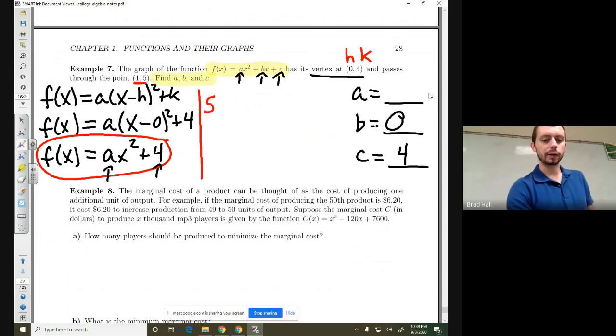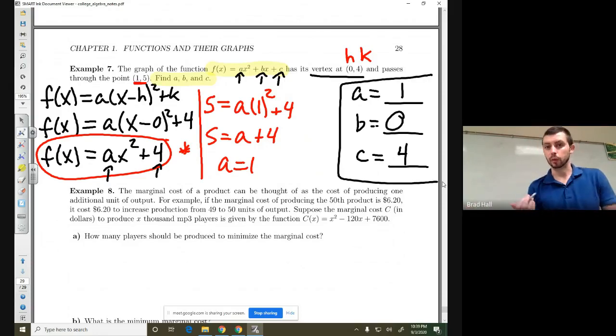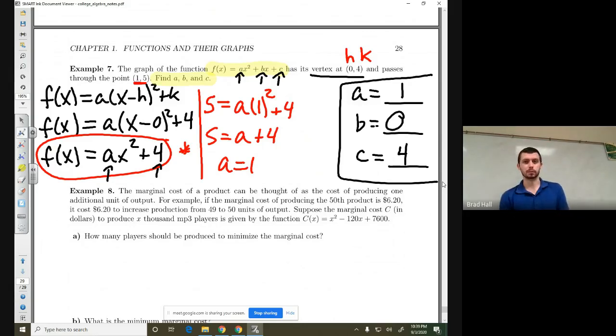We plug in 5 for y, we don't know a, and we substitute 1 for x. 1 squared is just 1, so that doesn't really do anything. And we get that a is 1. So perfect, a is 1. It doesn't really want an equation, it just wants you to fill in those values individually. And so that's all you would have to do for this problem.